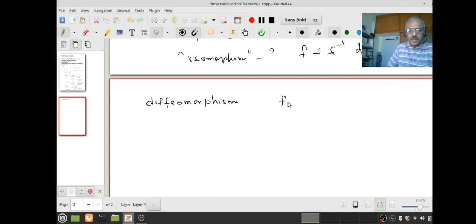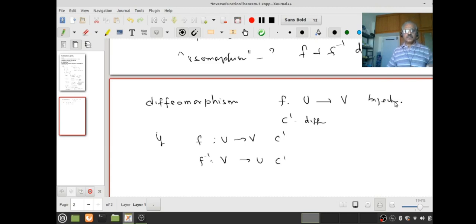I say a map f, with notation as above, is a C1 diffeomorphism if f from U to V is C1, and f inverse from V to U is C1, and f is a bijection. So when do I say it's a C1 diffeomorphism? First of all, it must be a bijection, and the maps f and f inverse must both be C1.